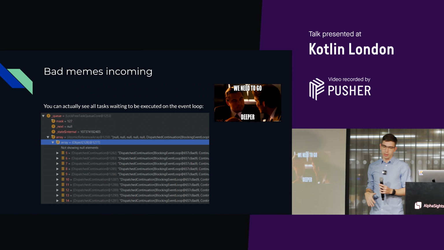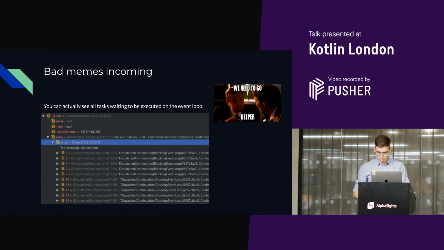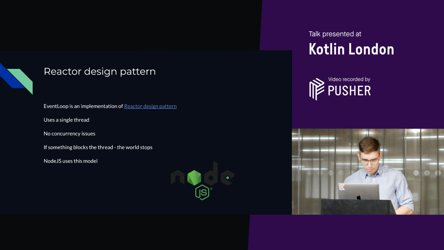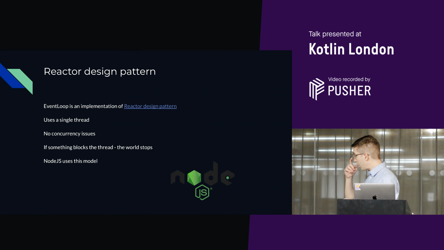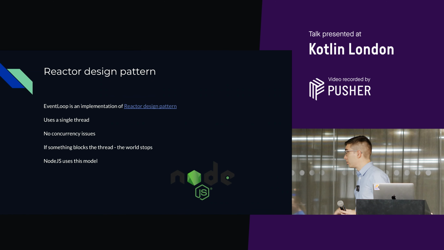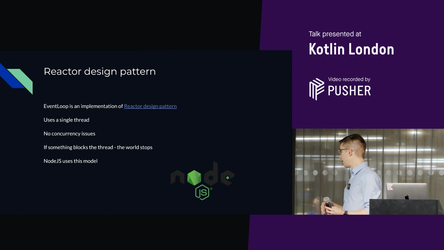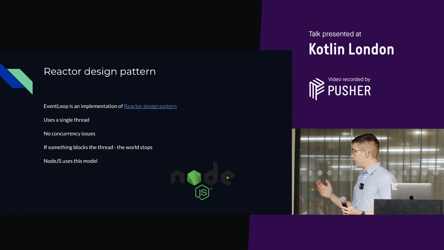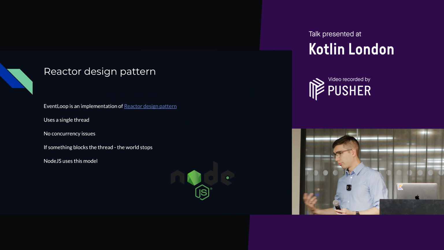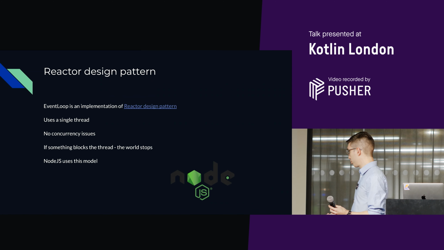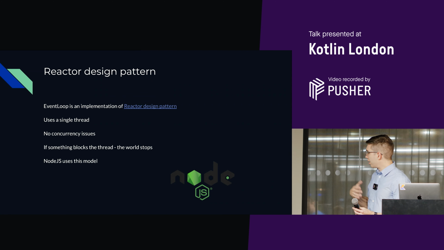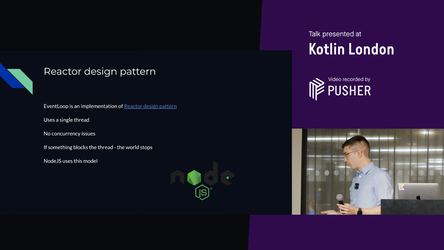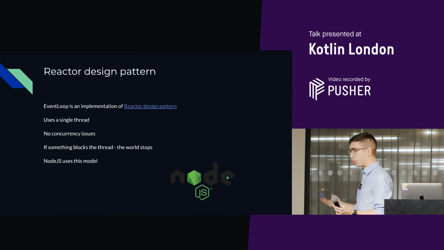So they're all waiting to be executed sequentially. Back to design patterns. Event loop is actually a design pattern, and its official name is reactor. As I said, it uses a single thread, meaning no concurrency issues, which is sometimes good. But the downside is, if something blocks the thread, the world stops.